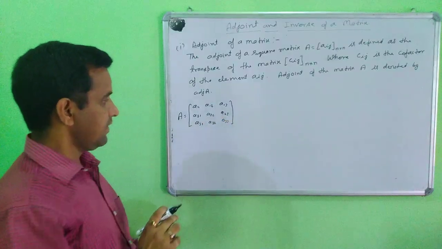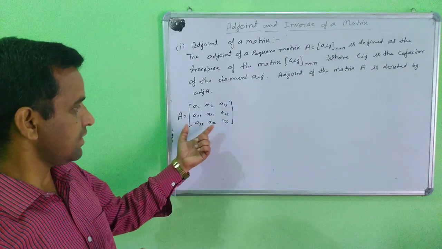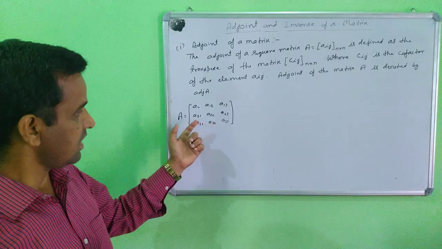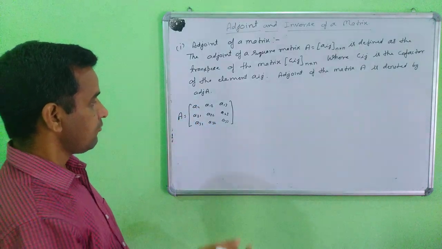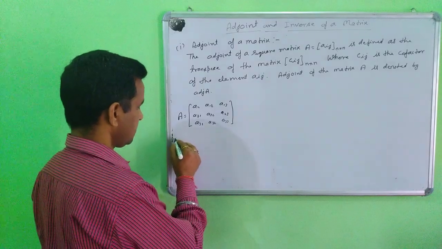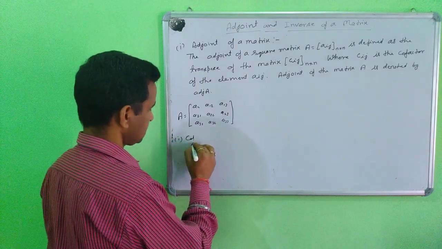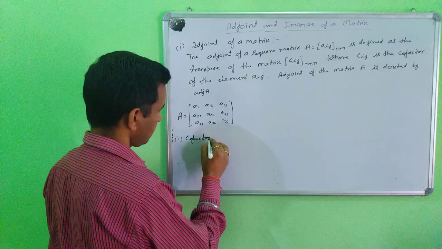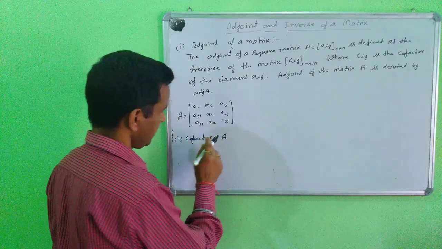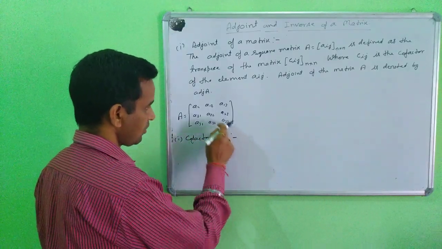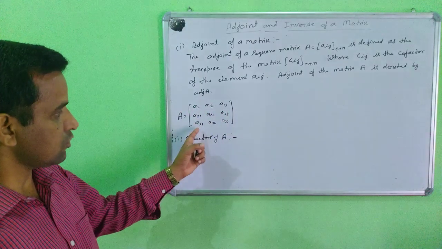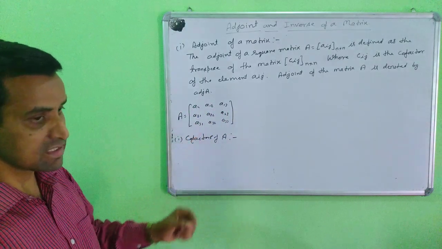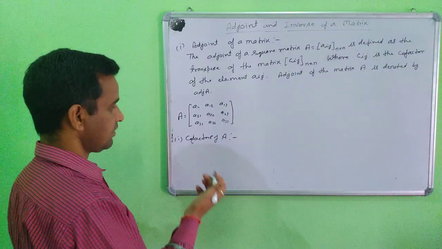This is a matrix A of order 3 by 3, and these are the elements of matrix A. First find the cofactors of A. First you find the cofactors of this matrix, then you can convert it.